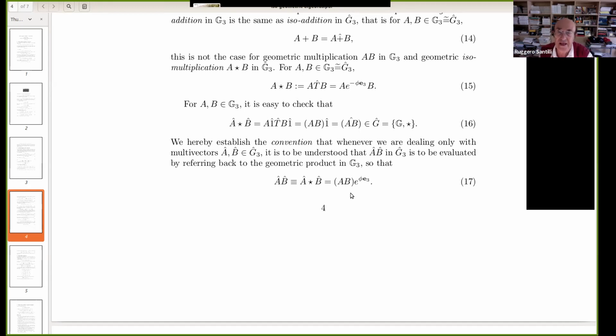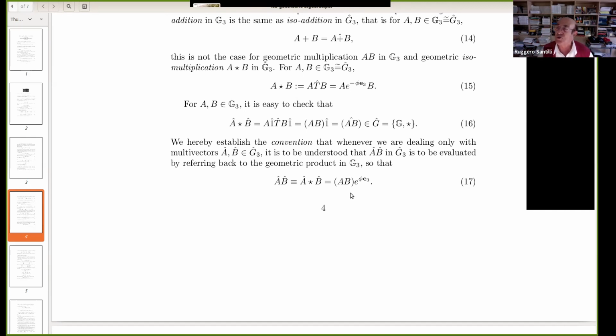Now, incidentally, everything you said is correct, Dr. Sobczyk. Precedingly, you showed that the iso-Pauli matrices are equal to the Pauli matrices multiplied by the isounit. This statement is, of course, 100% correct. It is very true, but it is intriguing in my view.